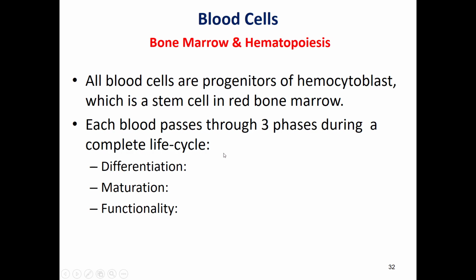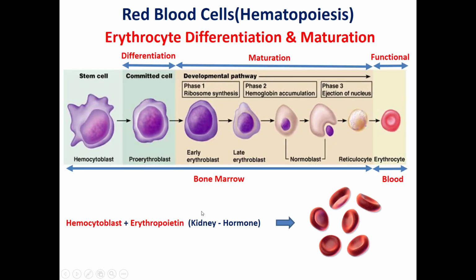So this life cycle is separated into three phases: differentiation, maturation, and function. The first two phases are done inside the bone marrow, whereas the last phase, the functional phase, is done inside the blood vessels or inside tissue.